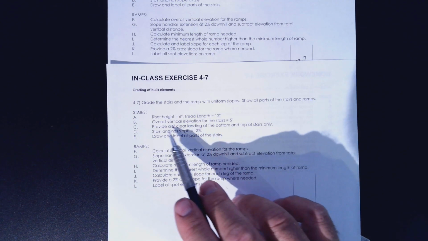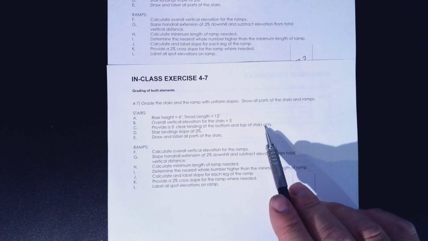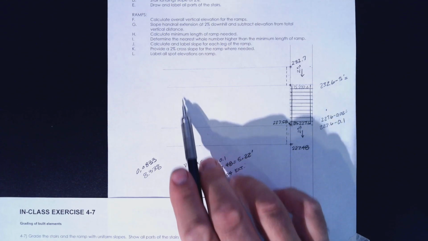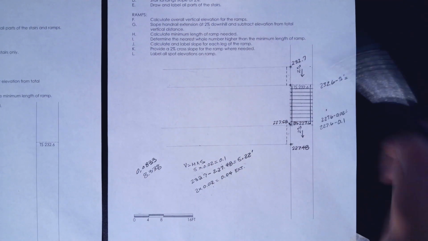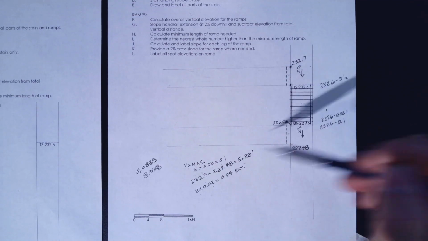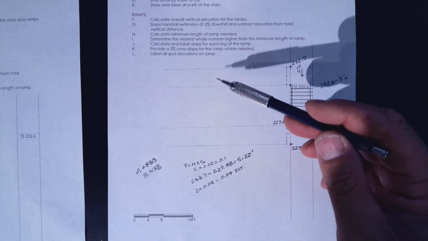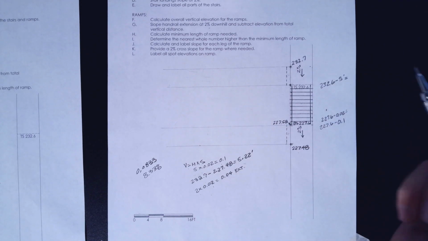Just provide a clear landing at bottom and top of stairs, but you also have to provide a landing at the bottom of the ramp where it turns, because remember, maximum length of a ramp is 30 feet, and this is going to be longer than 30 feet. You'll see that. So you have to provide a landing on a ramp every 30 feet at the max. The max distance is 30 feet.